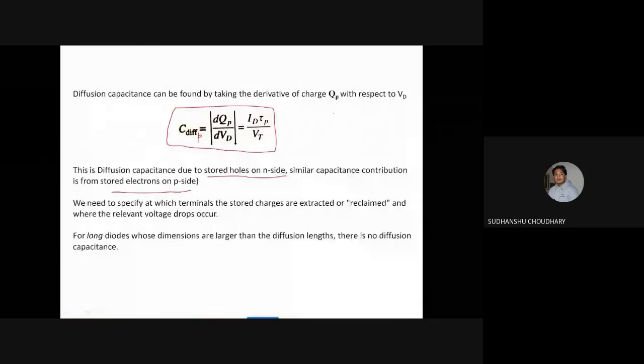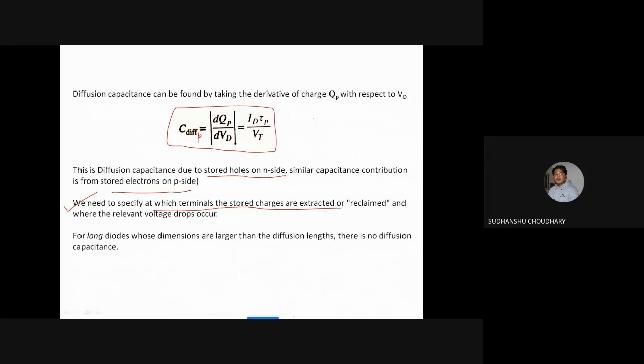Now, apart from finding out these capacitances from the minority carrier injection charges on both sides, we also need to specify at which terminals the stored charges are extracted. Since these charges are present as minority carriers in the N side and in the P side, these charges have to be extracted at the leads which are connected to the P and N sides.